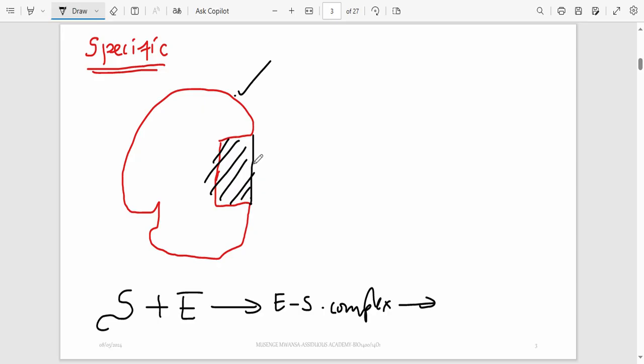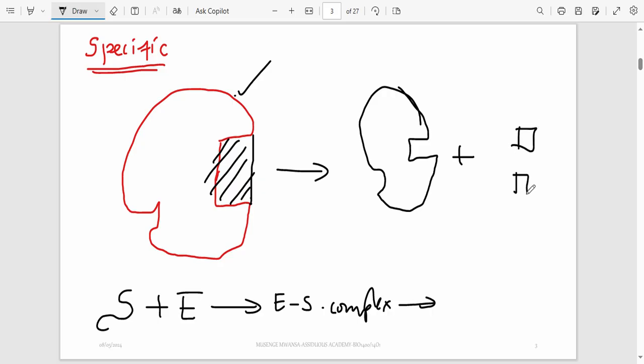This enzyme substrate complex is going to break. What are you going to see at the end of it all? The enzyme will not change its shape, it will look the same way. But the product is gone, the substrate has changed. So at the end of the reaction, you still have the enzyme, but you don't have the substrate. The substrate is now the product.